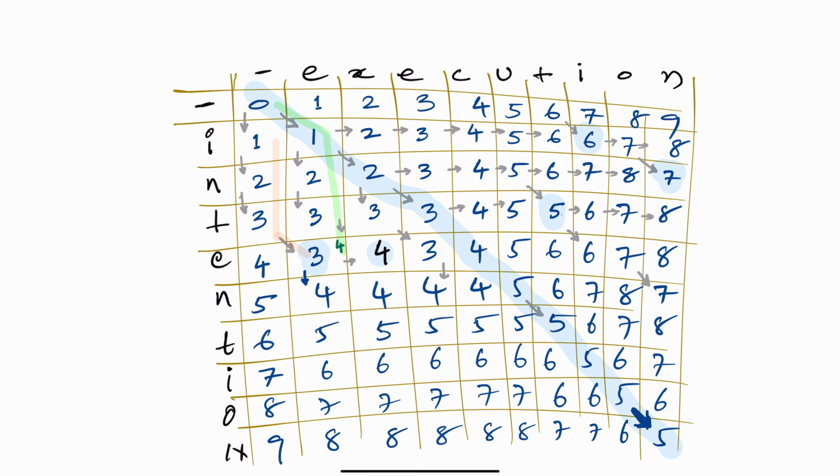Let's consider my S1 is blank, S2 is E, which I represent here. Okay, this is my S1, this is my S2. To convert a blank into E character, what do we require? We require to insert, right?